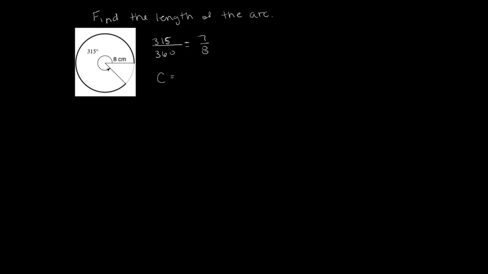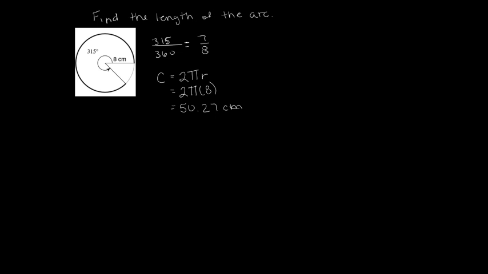To find my circumference, we do 2 times pi times the radius. In this case, my radius is 8 centimeters. So when I do 2 times pi times 8, we end up with 50.27 centimeters. Remember, that's the length of my entire circle.